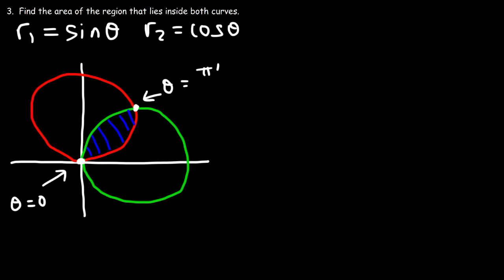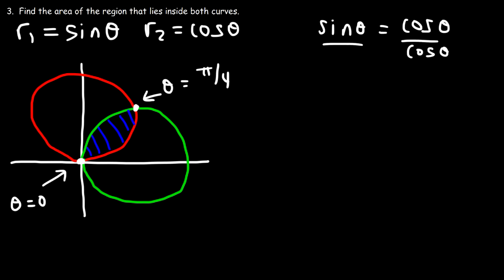Another way in which you can get the same answer is to set sine equal to cosine. Now let's divide both sides by cosine. On the left, sine divided by cosine is tangent. On the right, cosine over cosine is 1. And tangent pi over 4 is equal to 1. And so that's another way in which you can get that answer.